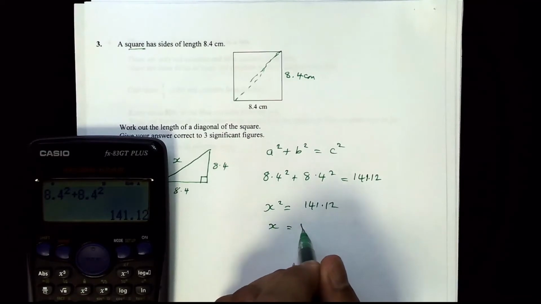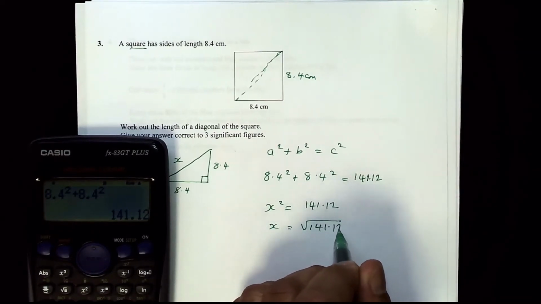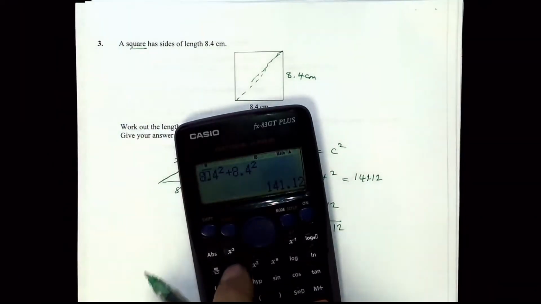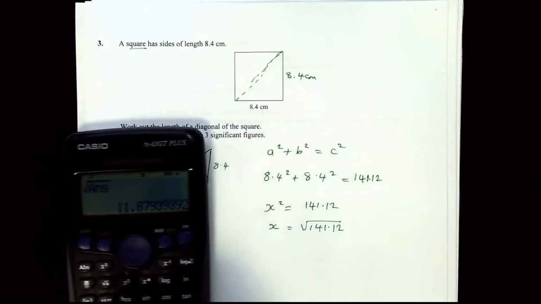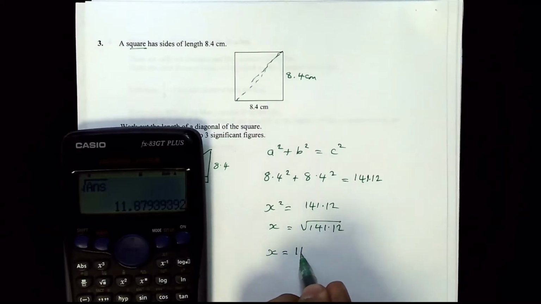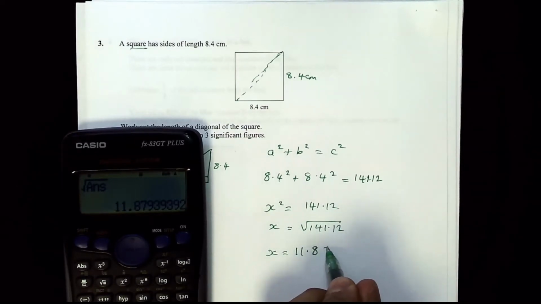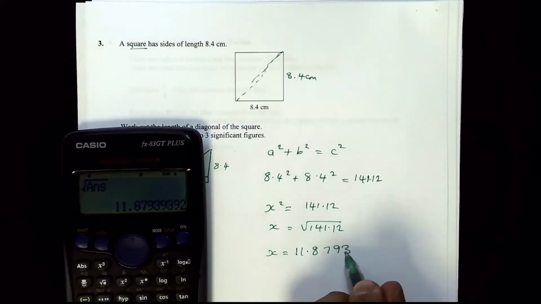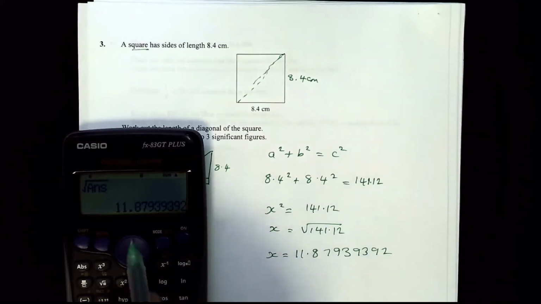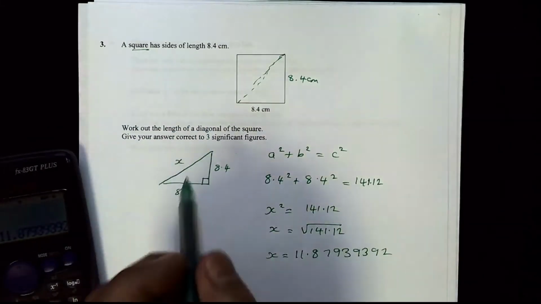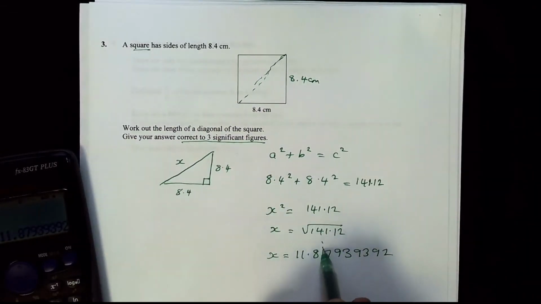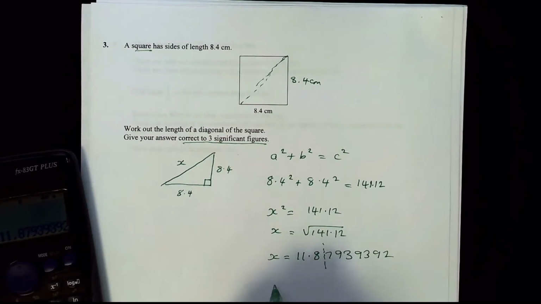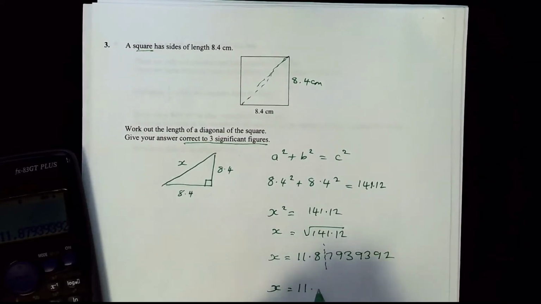That gives me x as the square root of 141.12, and again I use my calculator for the square root of the answer, and I get x is equal to 11.87939392. I've written out the full answer, and now the last part is I'm going to round my answer to 3 significant figures, which is up to there. So that becomes x is equal to 11.9 centimeters.